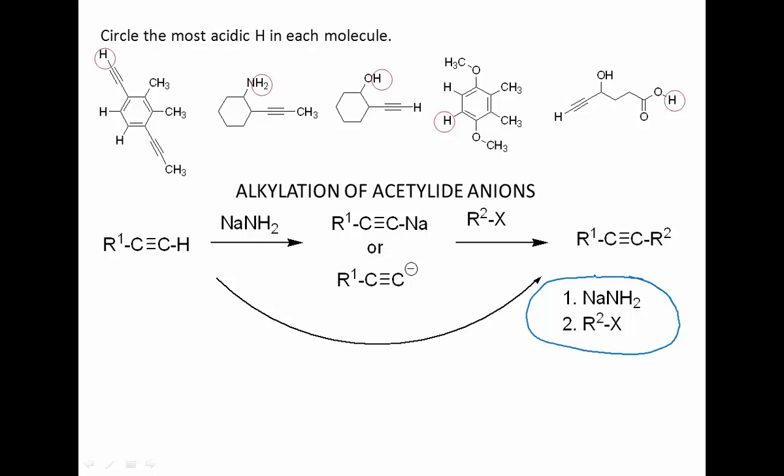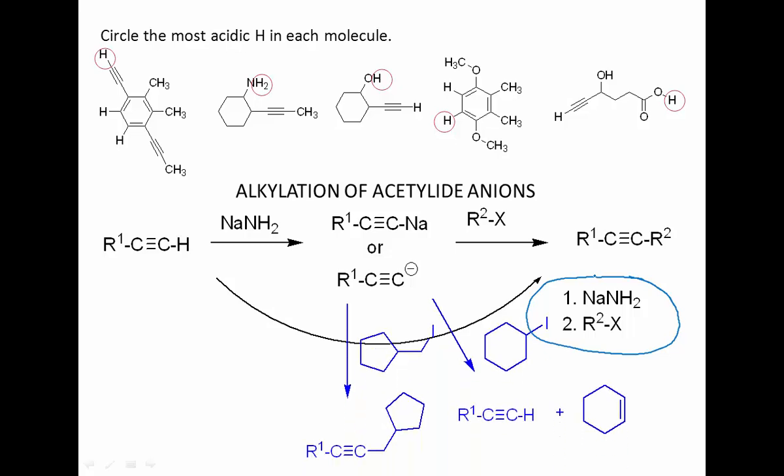Okay, so let's look at an example of that reaction. Sorry I didn't make R1 a real group, but I did make R2 a real group. So here we see that this primary iodide is reacting successfully with the alkyne.